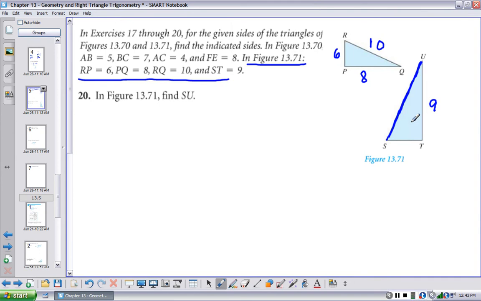In this example, SU over 10, this side corresponds to that side, equals 9, because that's the only thing we know on the other triangle, over that straight edge, PQ, 9 over 8.